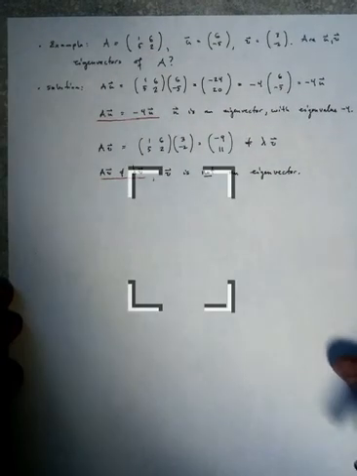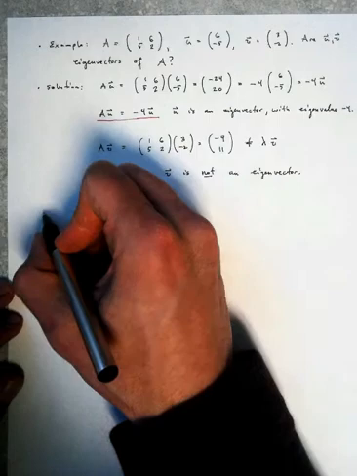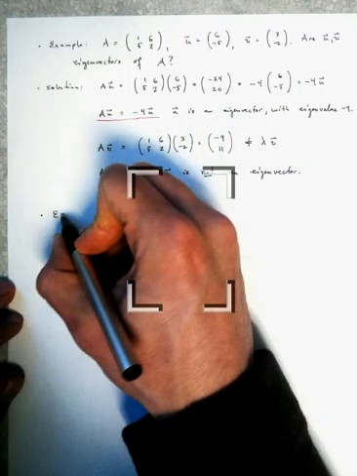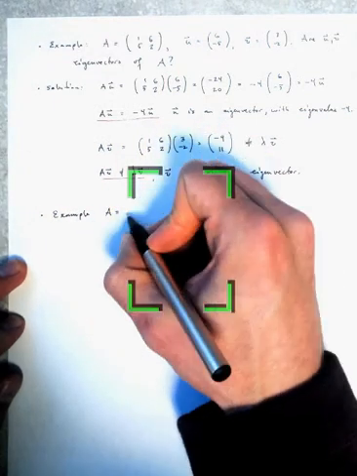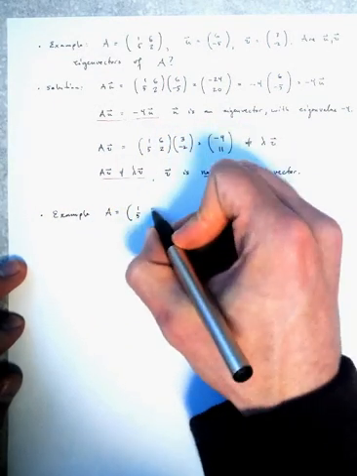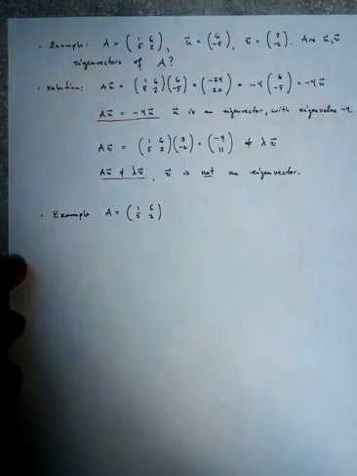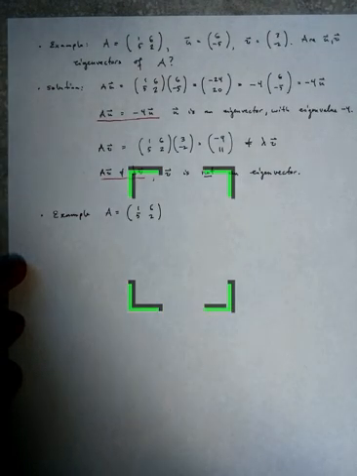All right, let's continue this example. Another example, I'm going to use the same matrix. I'm going to take the 1, 5, 6, 2 matrix.